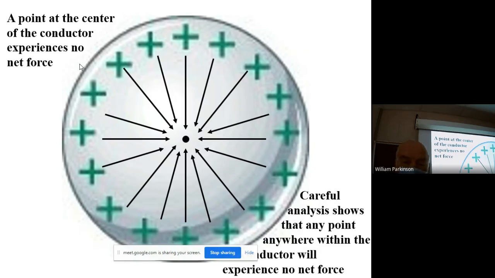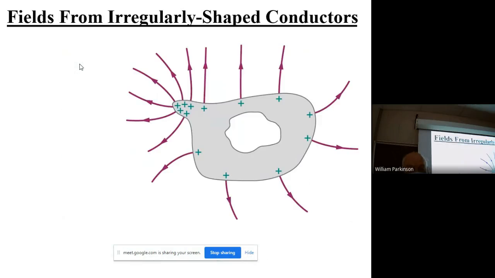It's easy to see for the middle that this is true. I guess you'll just have to take it on faith from me that I've done this with some fancier mathematic tricks. Anywhere within the conducting sphere, what you find is there's no electric field in there.